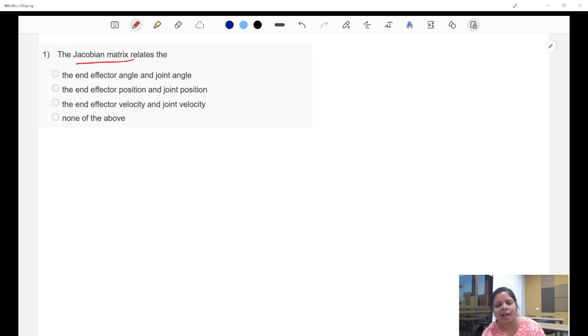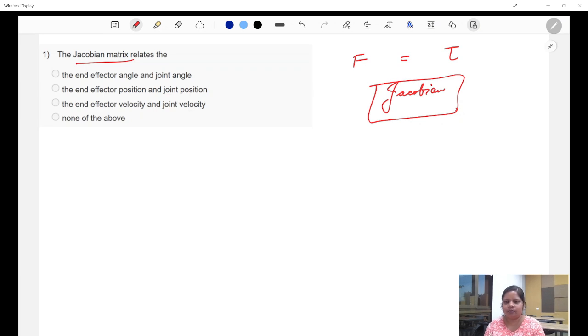Okay, I tell you, you can Google it and then say the answer. What is the relation between force and torque? How are they related using Jacobian? I want this answer from your side.